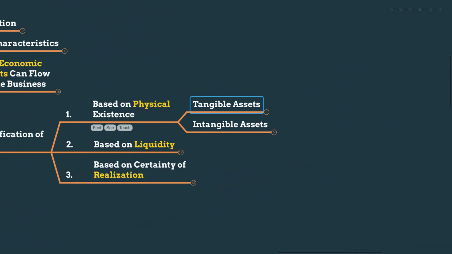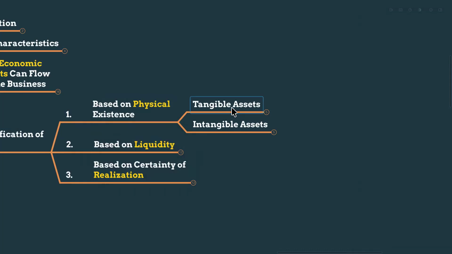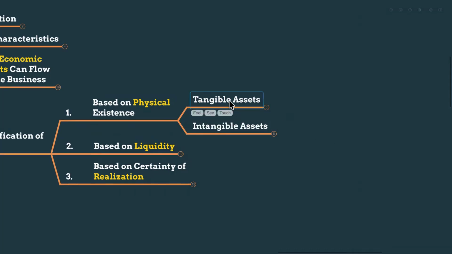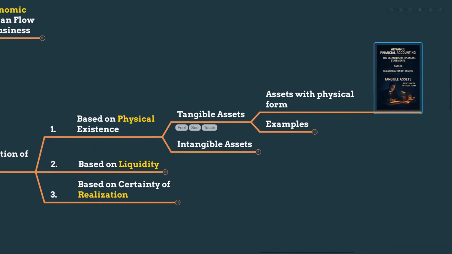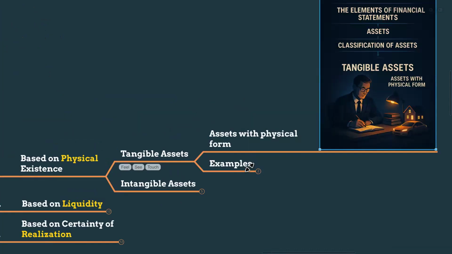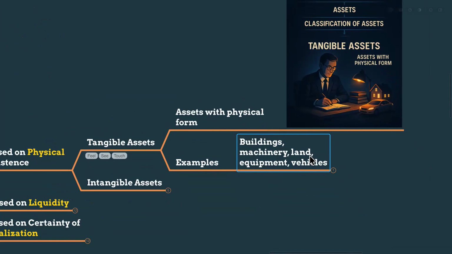So based on that, we are classifying tangible items. We call these tangible assets. You can feel, you can see, you can touch, right? Assets with physical form. The examples are buildings, machinery, land, equipment, vehicles, right?